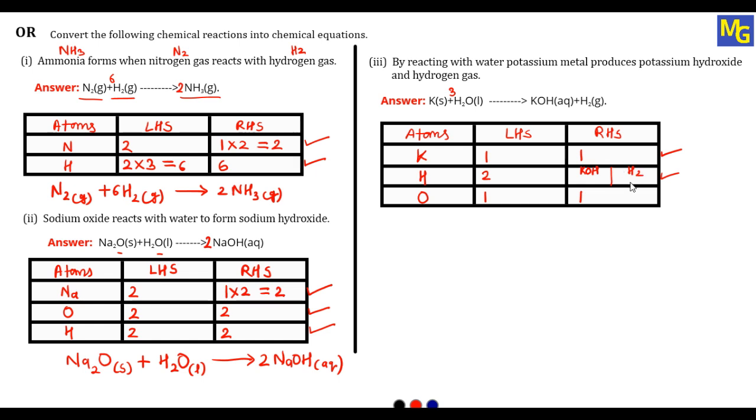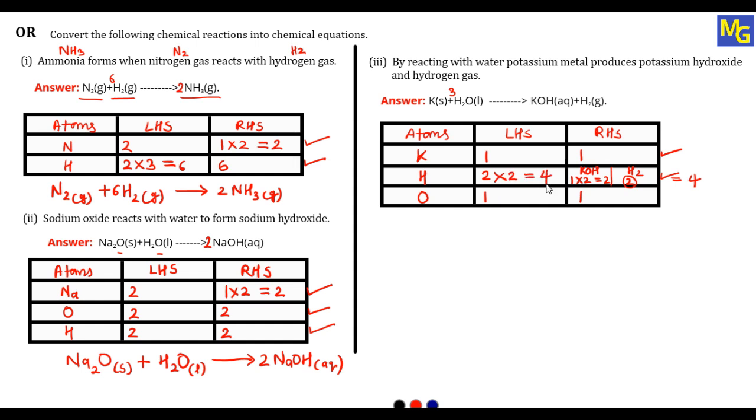Hydrogen H2 we have 2, so write 2 as it is. On KOH side we have hydrogen 1. So what we will do, 1 we will multiply by 2, so it will become 2. So total 2 plus 2 will be 4 hydrogen on this side, and to make it 4, here we will multiply with 2, and this also we will make it 4.